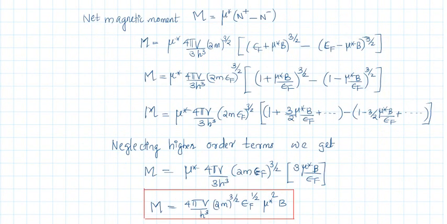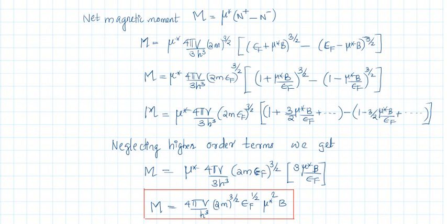Now the net magnetic moment M will be mu star, the magnetic moment of one particle, times the numbers of particles. There are n plus particles which are parallel to the magnetic field, and n minus which are anti-parallel to the magnetic field.